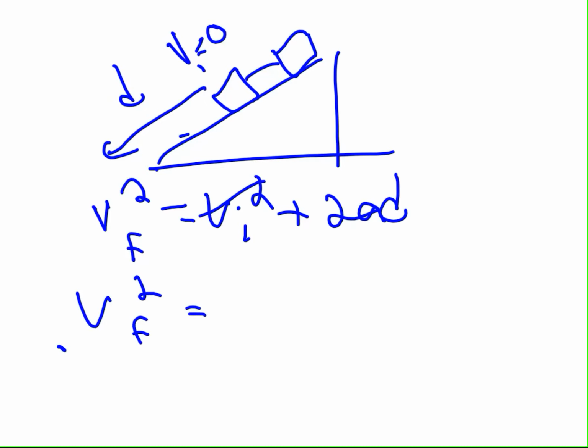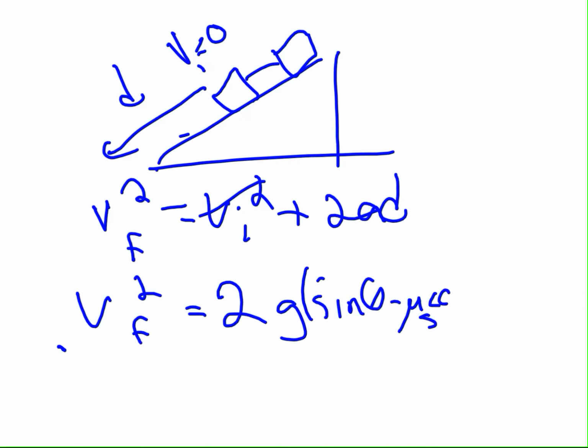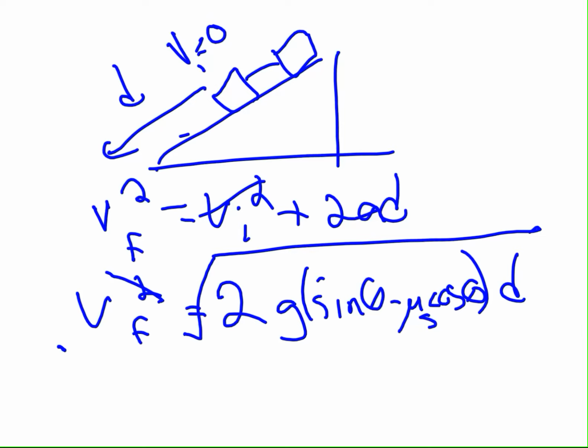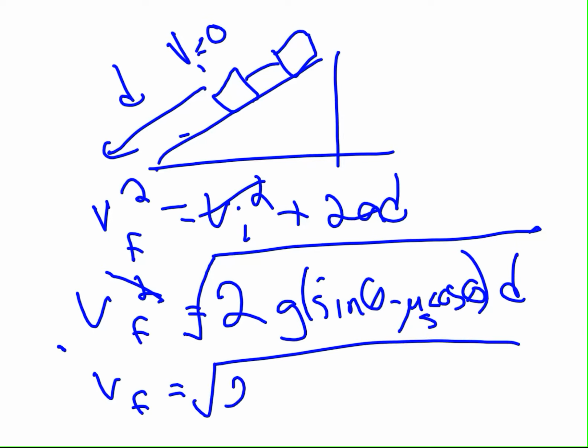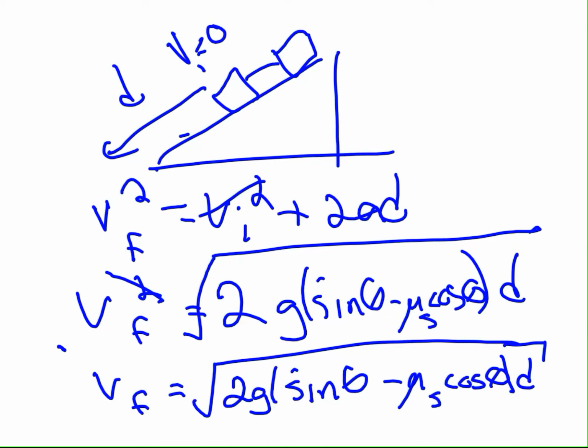It starts at 0. 2 times A, which is that big, not so pretty thing that we just came up with, g times sine theta minus mu static cosine theta, times d. Take the square root of both sides, get rid of the squared, and your answer is just vf equals the square root of 2g times sine theta minus mu static cos theta, times d.